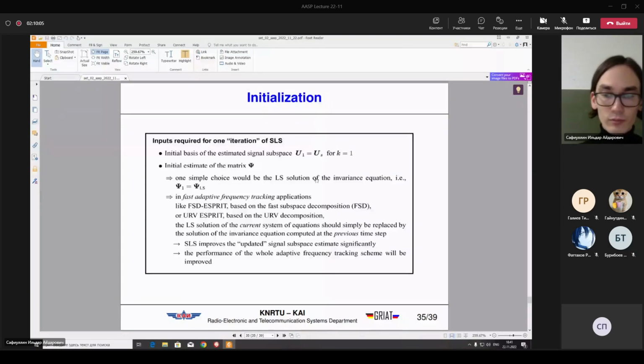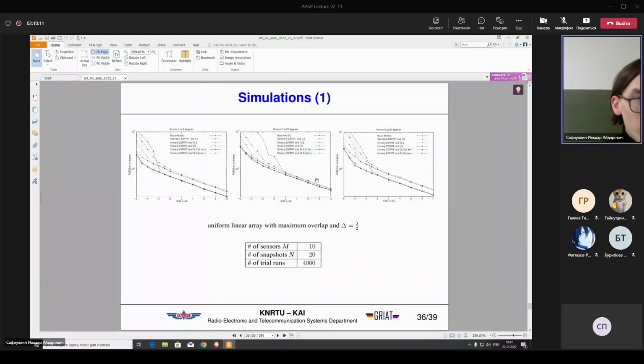So here are the simulations, and this one is really hard to see. Maybe I will try to redo these simulations.